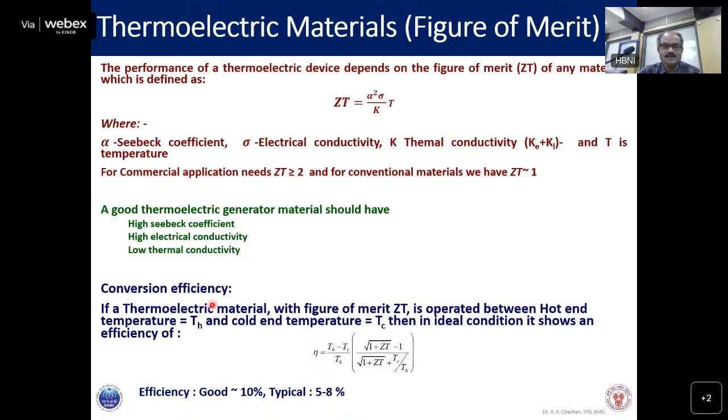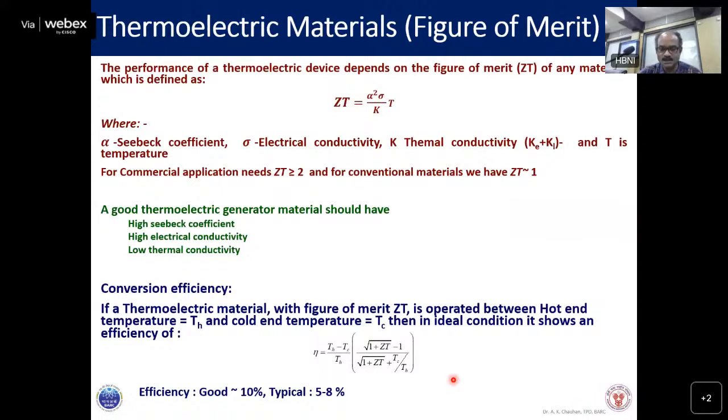The conversion efficiency of a thermoelectric material which has figure of merit ZT is given by this formula. Suppose TH is the hot end temperature, TC is the cold end temperature. Then the efficiency eta is given by (TH minus TC) divided by TH, times (square root of 1 plus ZT minus 1) divided by (square root of 1 plus ZT plus TC by TH).